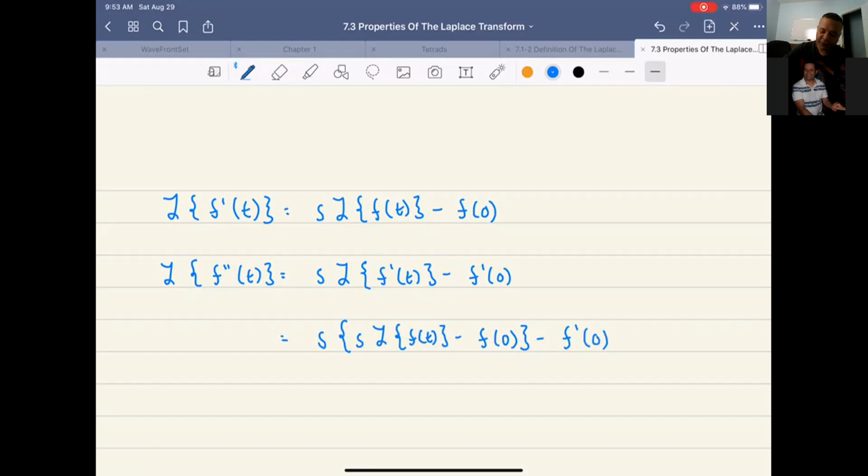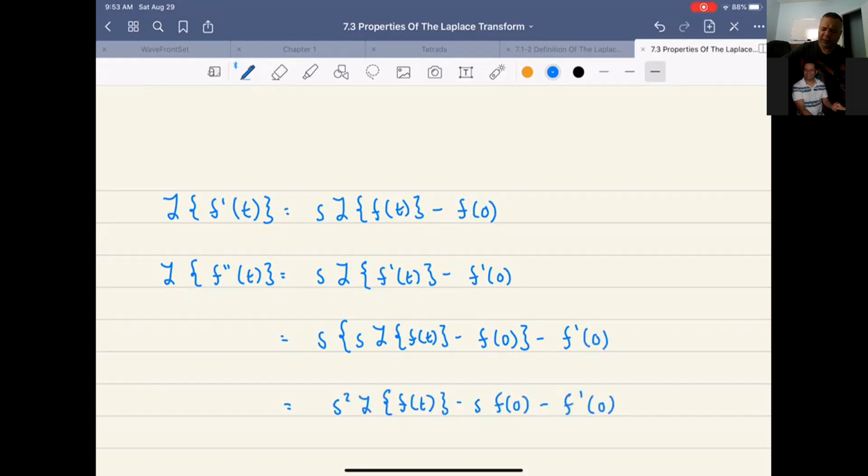Okay, so this thing here is this whole thing, right? So we're going to have, let me write this as s squared L of f of t minus s f of 0 minus f prime of 0.